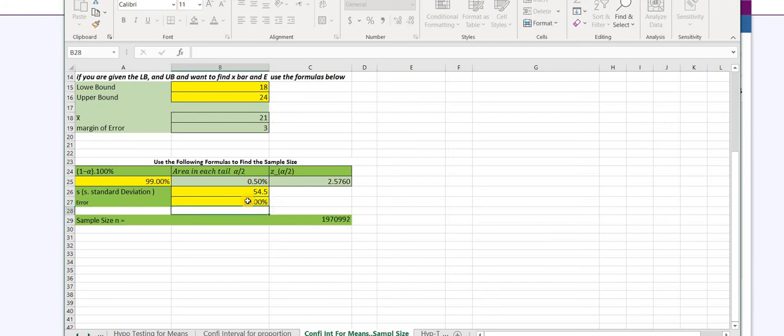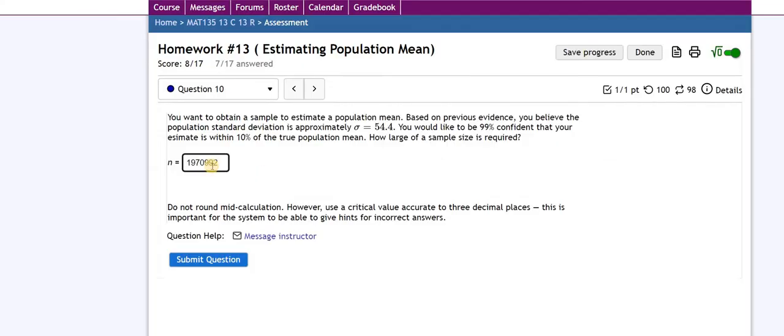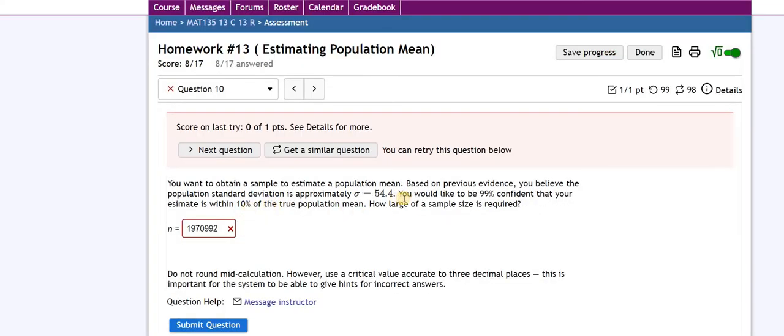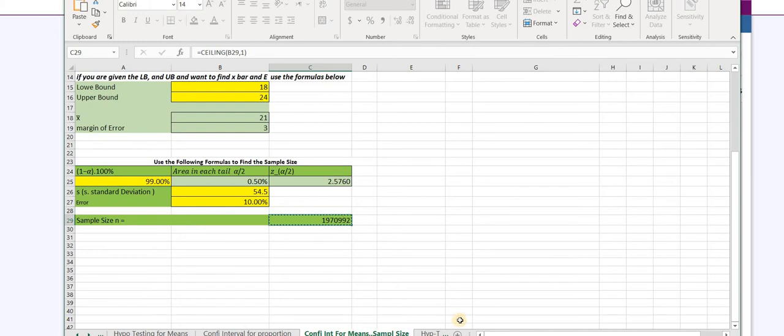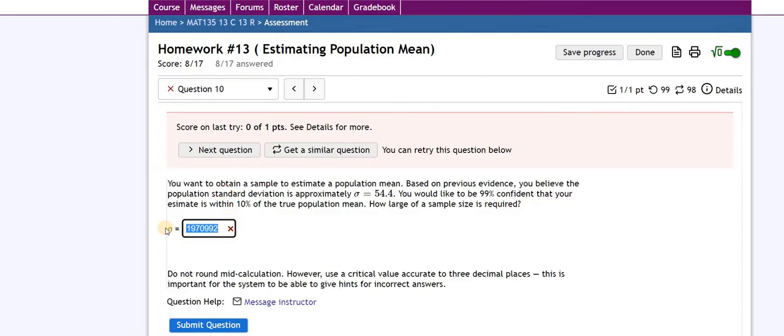So I'm just going to type 10%, and this is going to be my sample size. I will copy that and paste it over here. Let me double check my work here. 54.4. So I made a mistake right there. Copy, and I will paste it over there.